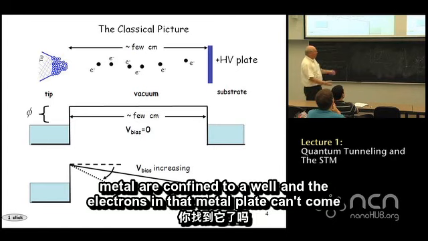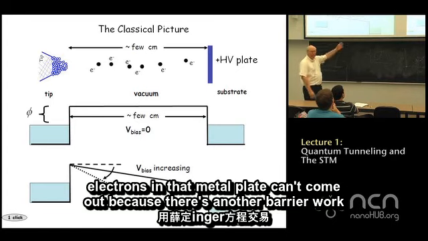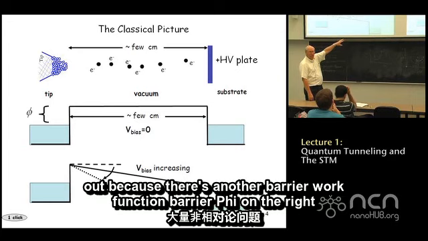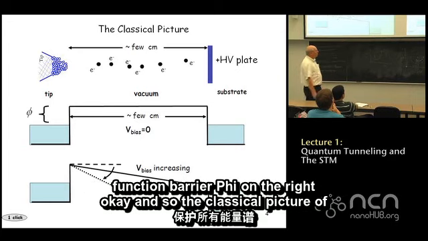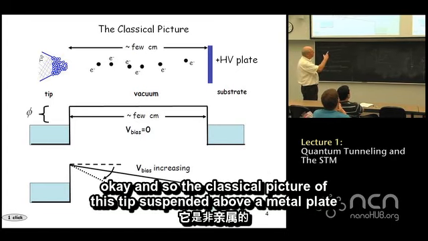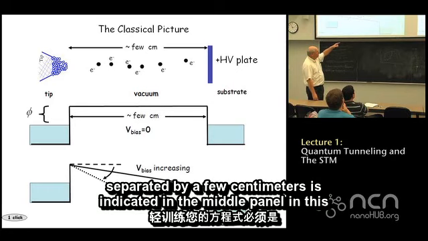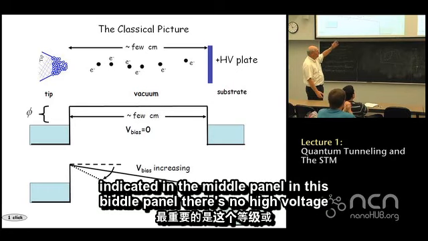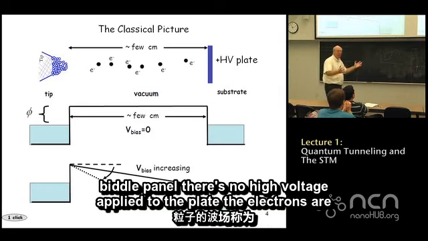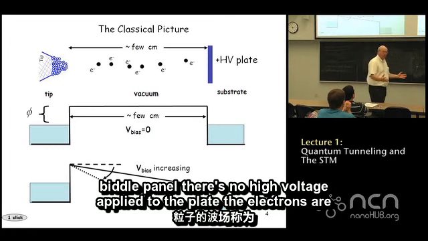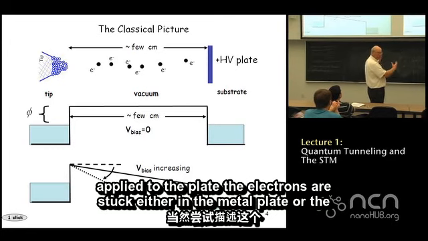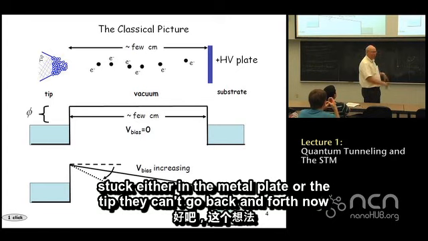And the electrons in that metal plate can't come out because there's another barrier, work function barrier phi on the right. Okay? And so the classical picture of this tip suspended above a metal plate, separated by a few centimeters, is indicated in the middle panel. In this middle panel, there's no high voltage applied to the plate. The electrons are stuck either in the metal plate or the tip. They can't go back and forth.